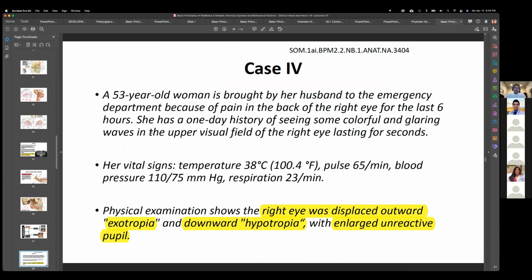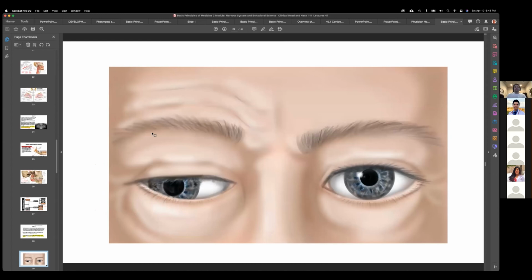All right, so displaced outward and downward. If the eye is down and out, what are you thinking about? Probably a cranial nerve 3 problem, right? Yep, eyes down and out. And what else is going on? So we know what travels with cranial nerve 3: parasympathetics. You knock out parasympathetics, the eye's going to be dilated.